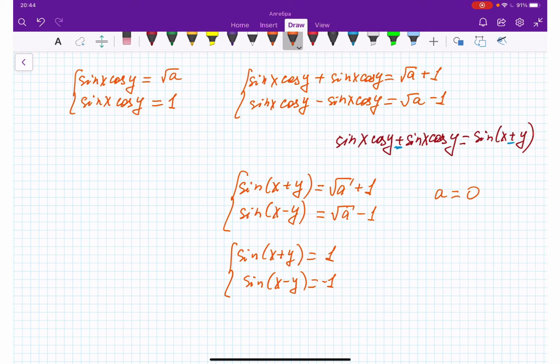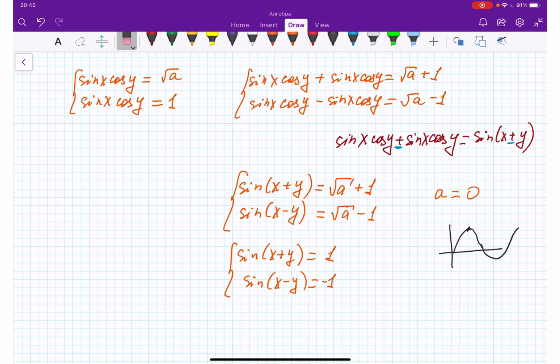Okay, so if sine x plus y is equal 1, where do we get sine equal 1? It's at the point it gets 1 when it's half a pi, right? And then plus 2 pi again.